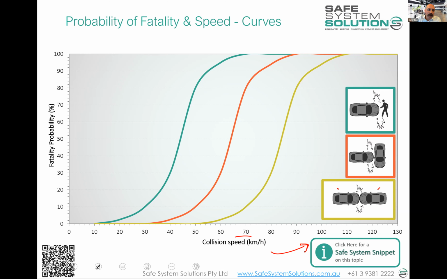But there are these really interesting points in these curves. They're the point at which things start to go really bad really quickly. The speeds we're talking about are about that 30 kilometre per hour mark for pedestrians, about a 50 kilometre per hour mark for side impact right angle crashes, and about 70 kilometres per hour for head-on crashes.